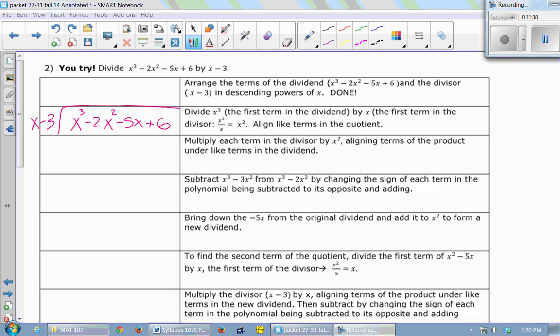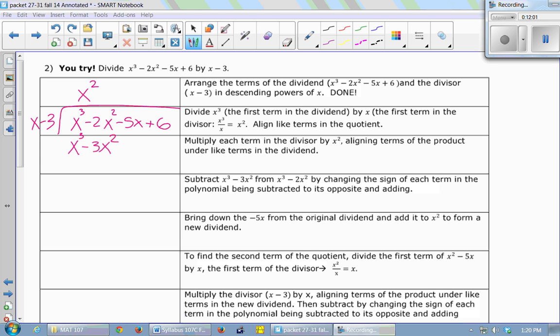Okay, so you say, how many times does x go into x cubed? X squared. Or alternatively, you would ask yourself, what am I going to multiply x by to make an x cubed? X squared. All right, so I put an x squared up here. X squared times x is x cubed. X squared times negative 3 is negative 3x squared. Here's where the signs get tricky, right?